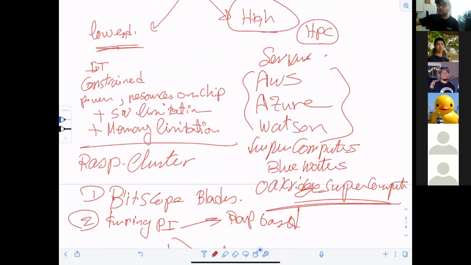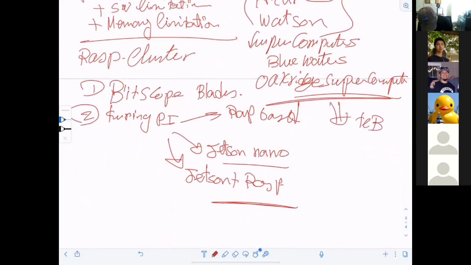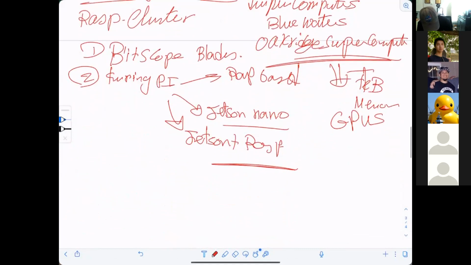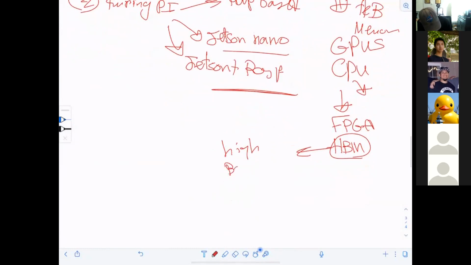Those are thousands of computing nodes. Each node has terabytes of memory, GPUs, and CPU multi-threading with cores. And on top of that, it has FPGA with something called HBM. HBM is high bandwidth memory.